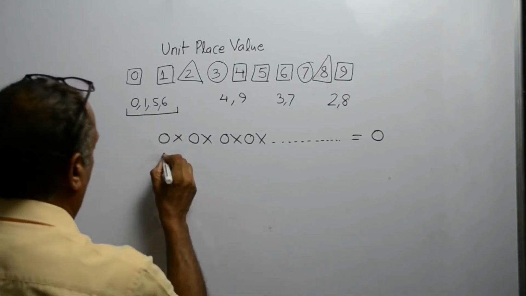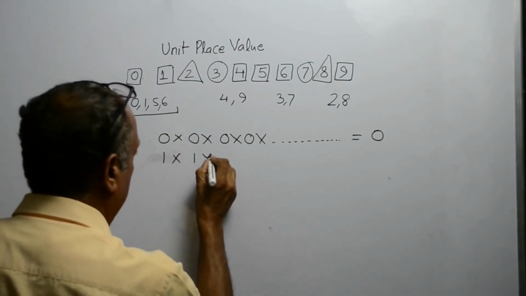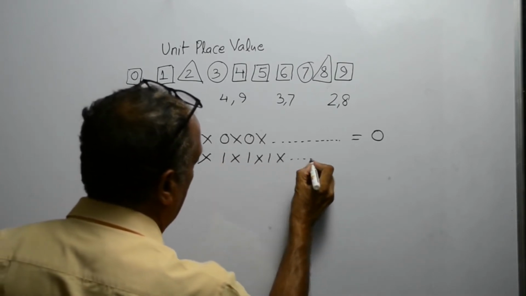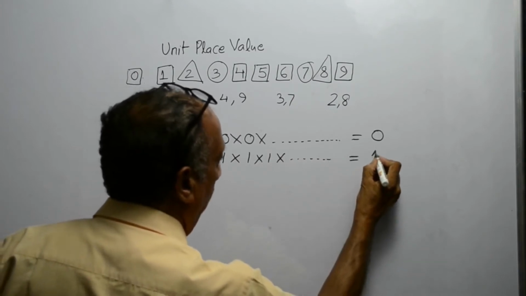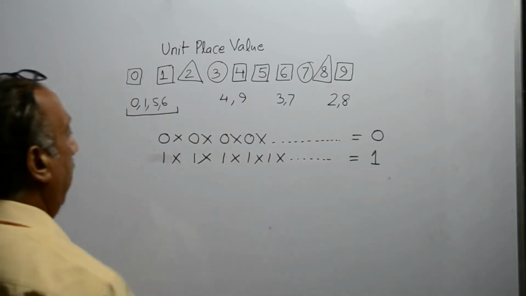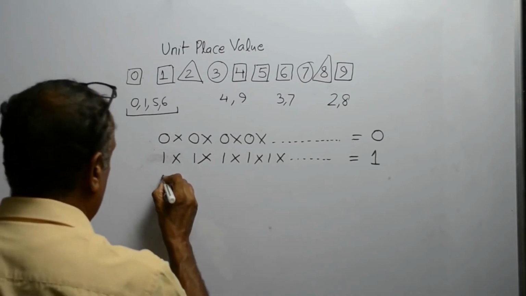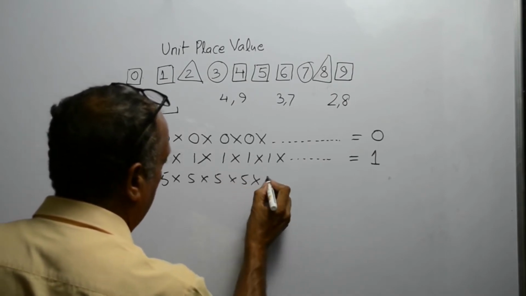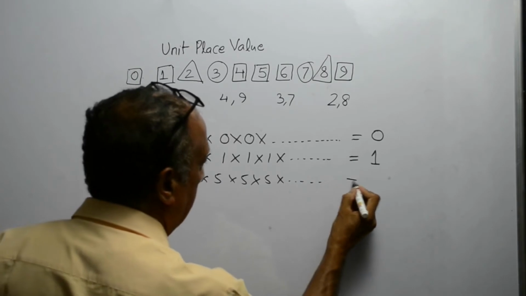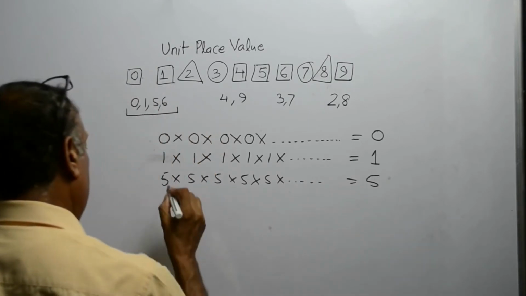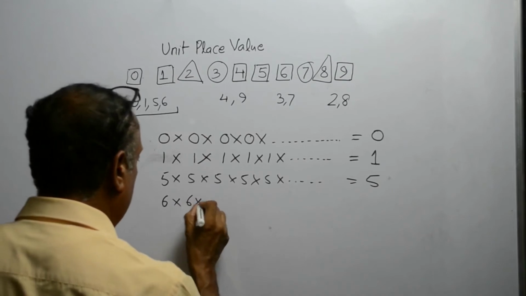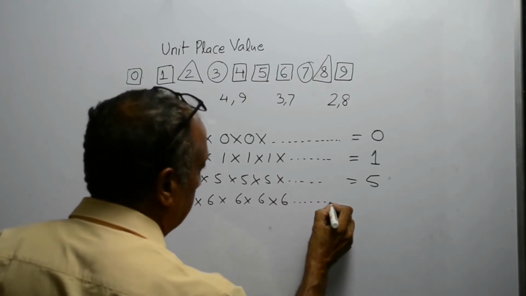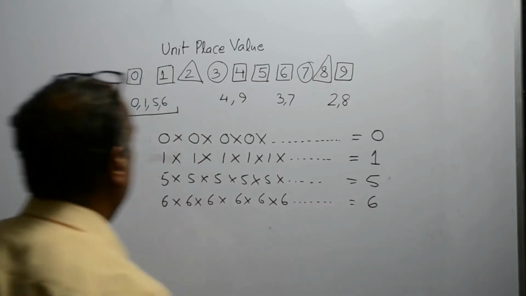In the same way, when a number having 1 as the last digit is multiplied repeatedly, it gives back 1 as the last digit. Similarly, 5 gives us 5 as the last digit, and 6 also, when multiplied repeatedly, gives back 6 as the last digit.